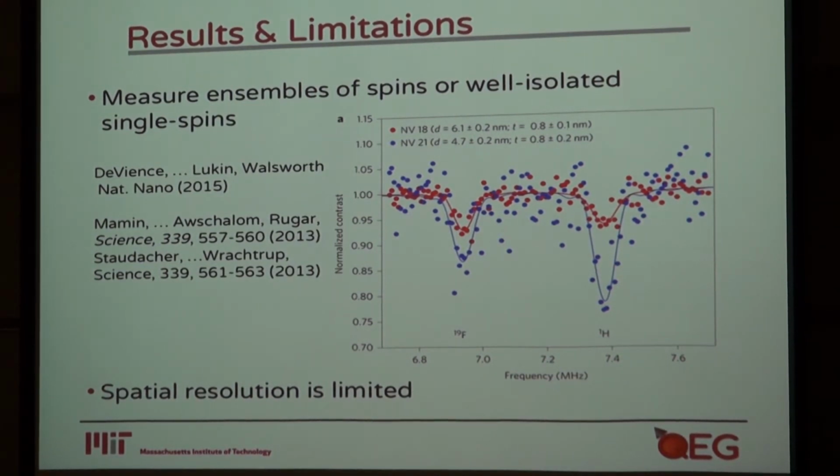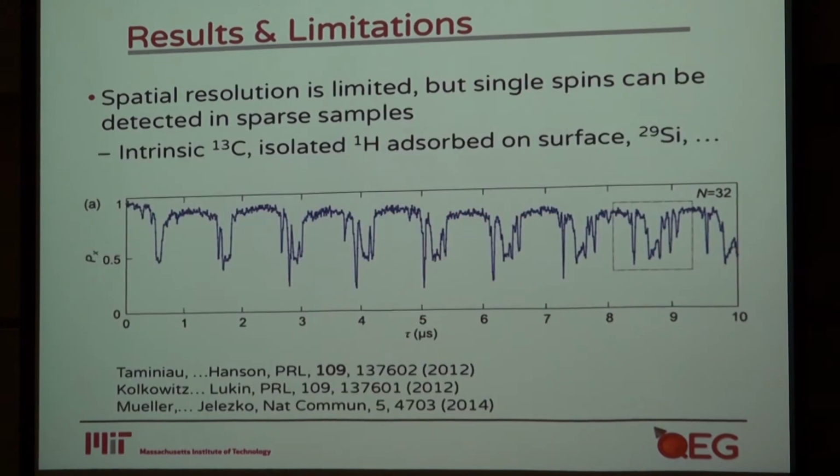So this was actually just fluorine and proton coming from the immersion oils, which is used in the confocal microscope to look at the NV centers. If instead of looking at this very dense ensemble, we use the same techniques and instead look at a very sparse ensemble, what you would see is something quite different.